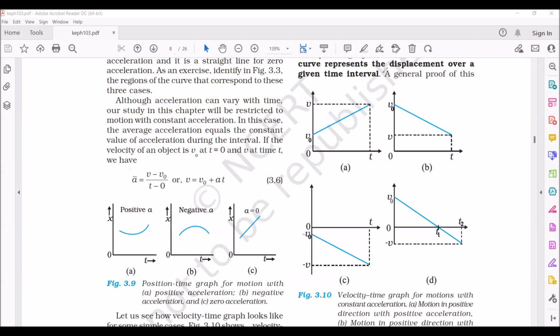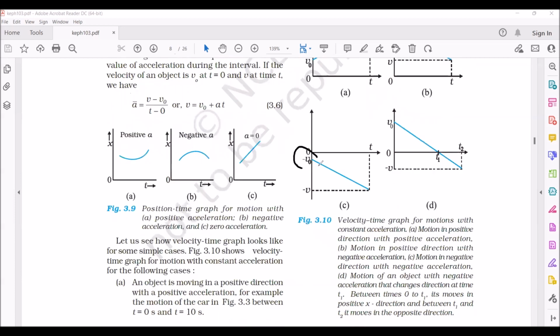In the third graph, the initial velocity is minus v naught and the final velocity is minus v, because velocity can be negative as it is a vector. So initially it started from minus v naught and finally ended with minus v.